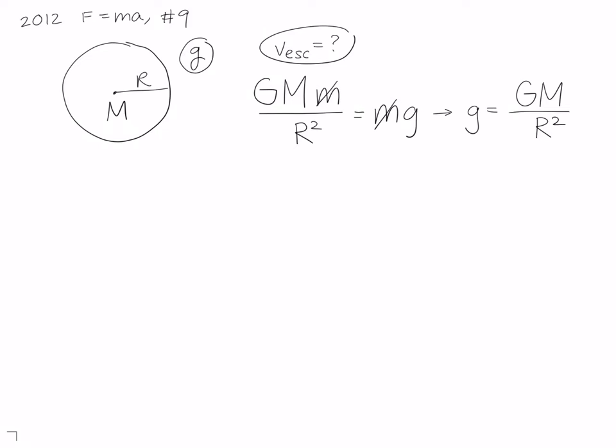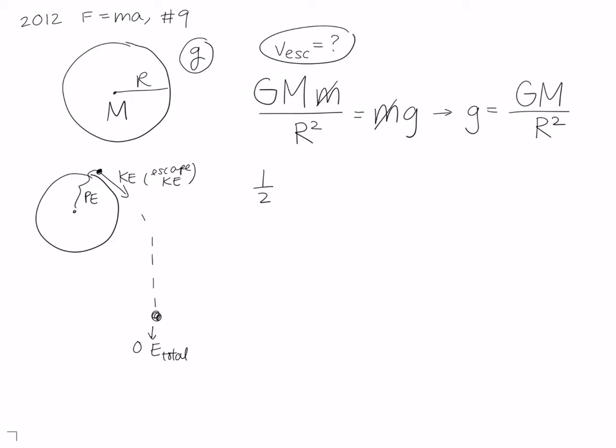So now we want to find our escape velocity. For an escape velocity, our particle will initially have some potential energy from gravity and some kinetic energy, which we want to be our escape kinetic energy. Once it escapes, it ends up somewhere where it has zero total energy.